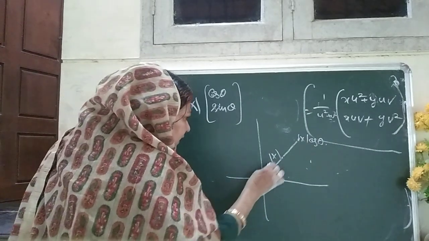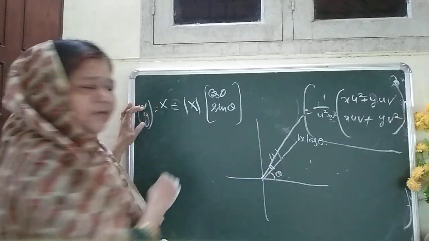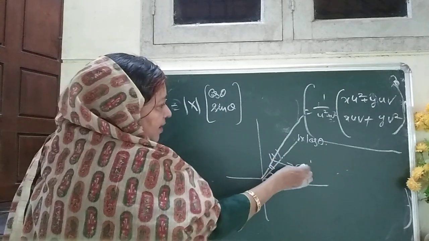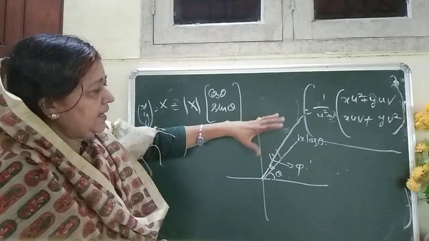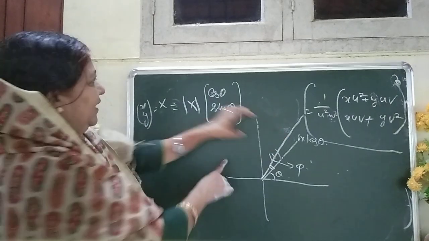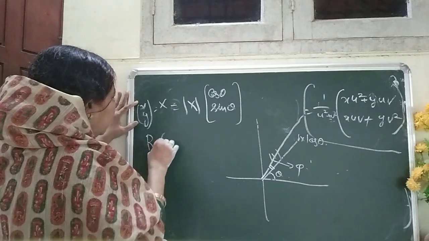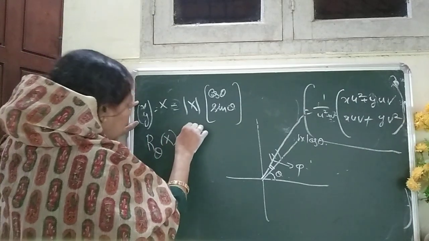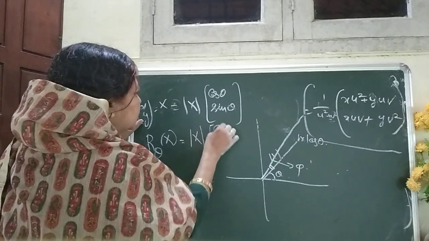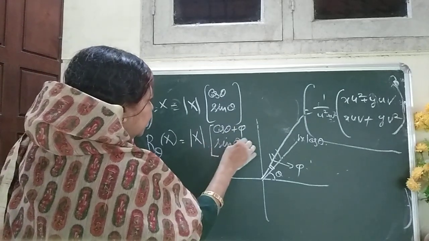If we rotate this vector through an angle phi, what happens? Everything is the same, but theta changes to theta plus phi. Therefore, R_phi of x equals mod x into (cos(theta plus phi), sin(theta plus phi)).